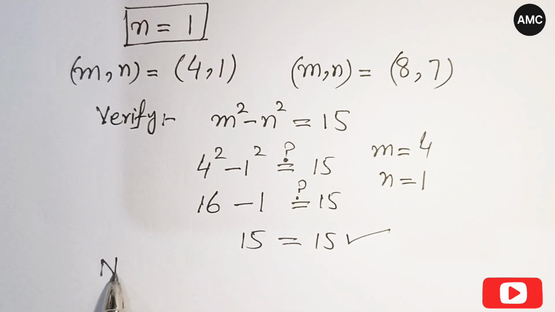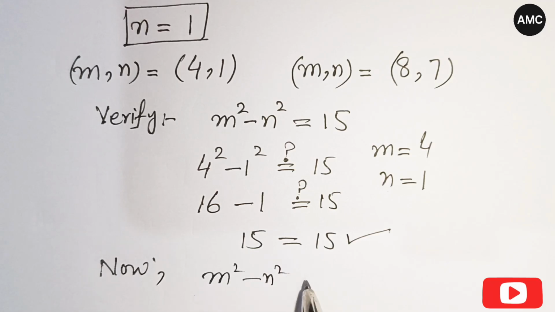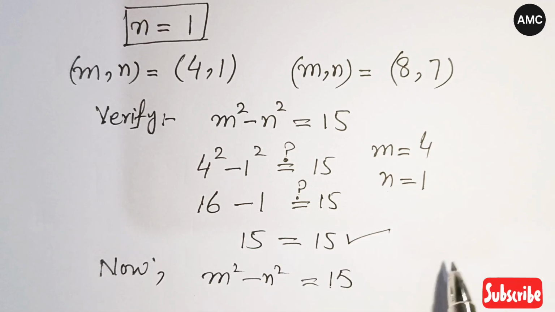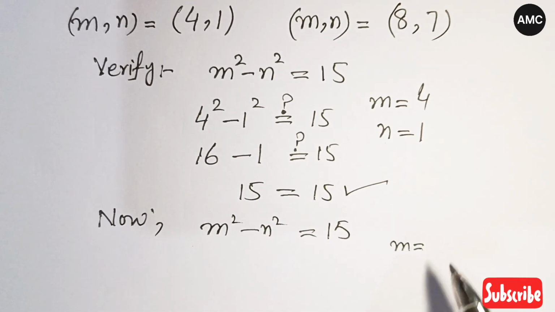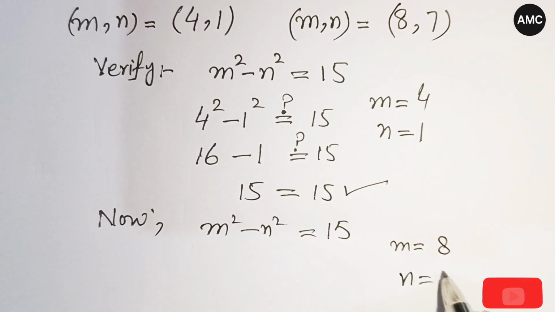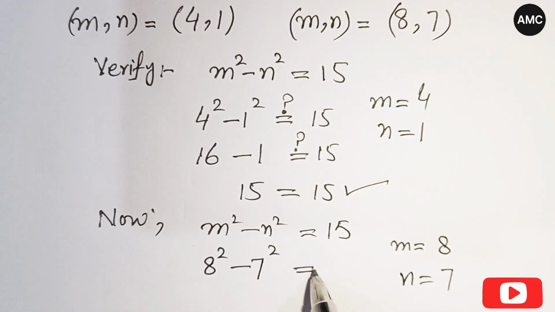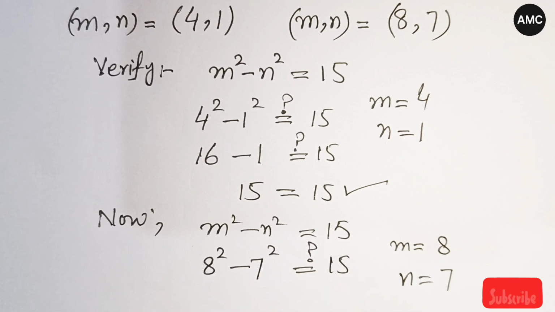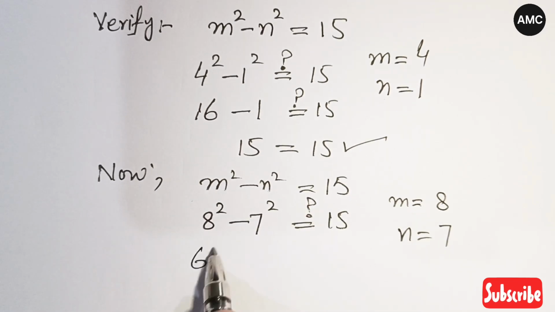Now here m squared minus n squared is equal to 15. Now using m is equal to 8 and n is equal to 7, then here we have 8 squared minus 7 squared, is it equal to 15? So 8 squared is 64 minus 7 squared is 49.